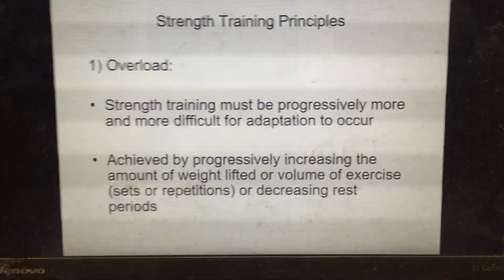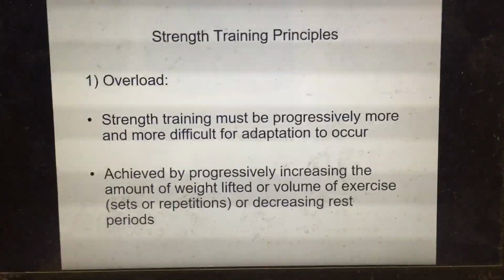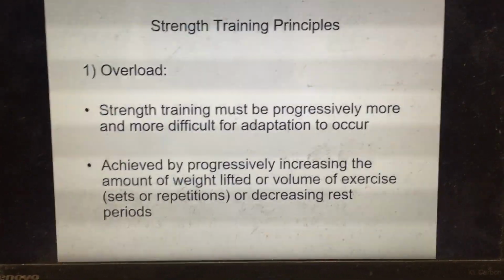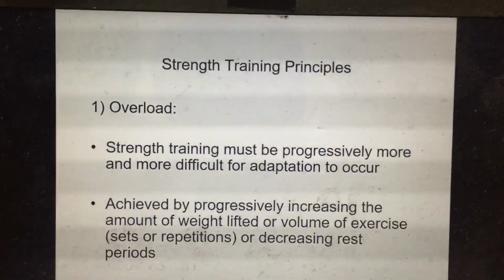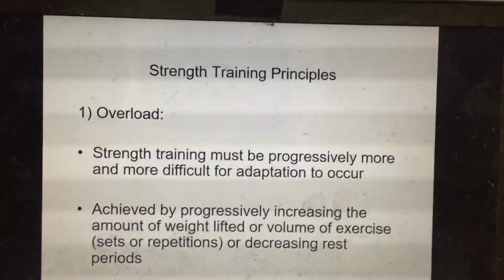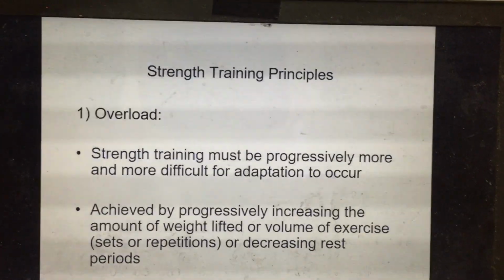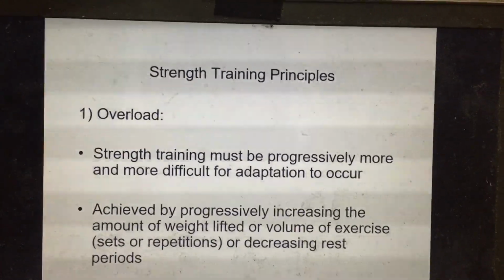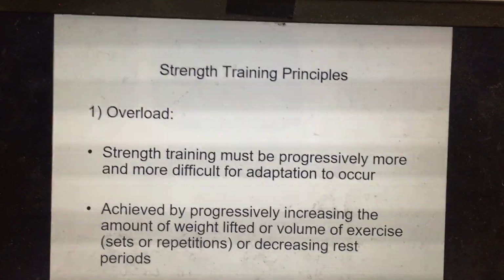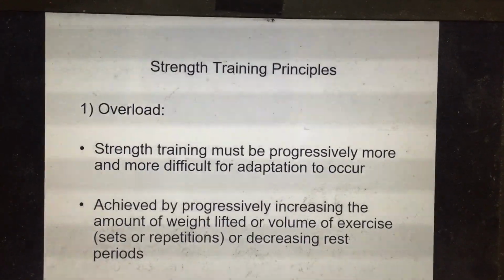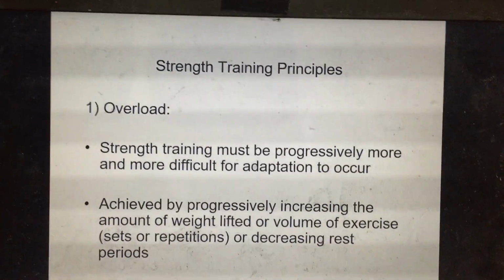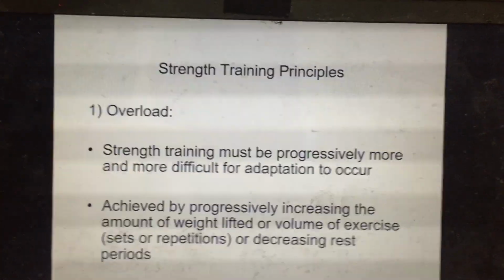For your muscle to become bigger and stronger, you need to progressively increase the intensity or the volume of your training sessions. That can be done by increasing the weight lifted, the volume of exercise, so the sets of repetitions that you do, or decreasing the rest periods between your sets. It's essentially just making the exercise a little bit more difficult as you progress with your training.